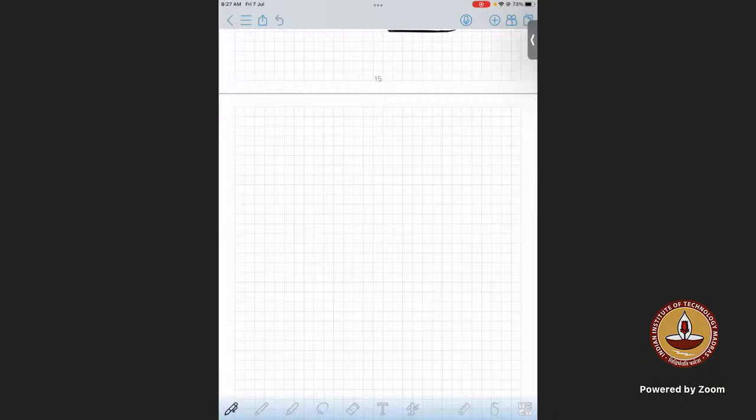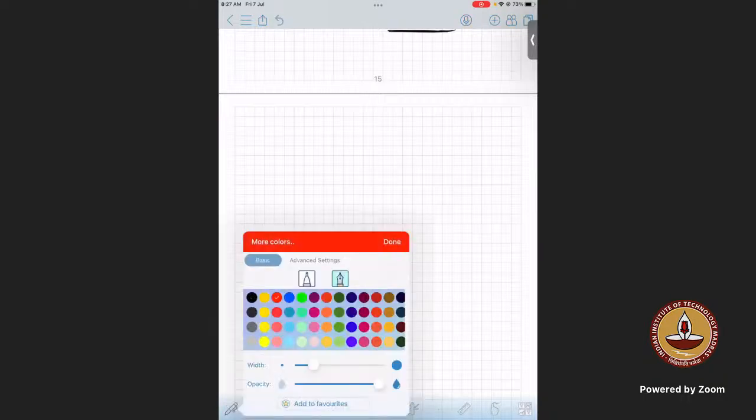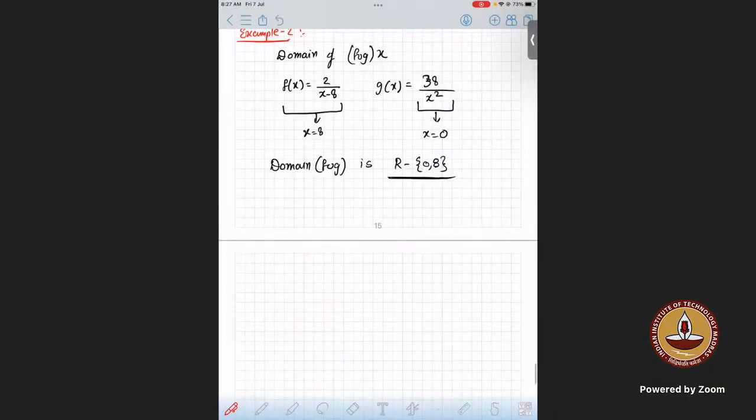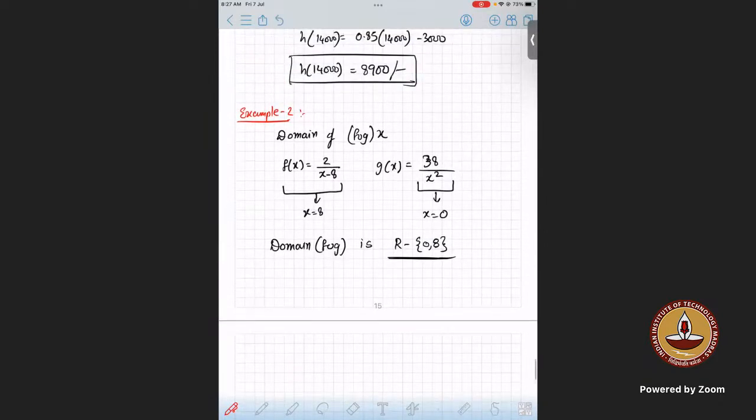Now the final topic of the function. Excuse me, sir. In the last part, shouldn't x not be equal to 0 and g of x not be equal to 8? No. You are asking the domain of the complete f of g.